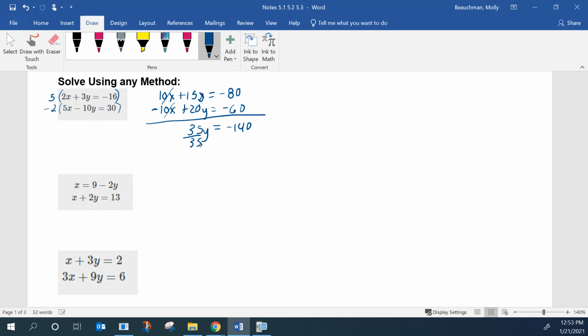Divide both sides by 35. 140 divided by 35, if all goes well, goes in evenly. It goes in evenly. y is equal to negative 4. Once you get the y coordinate, substitute into either one of the original two equations to get x. So I'm going to take 2 times x plus 3 times y, which I just found to be negative 4, equals negative 16, and solve for x.